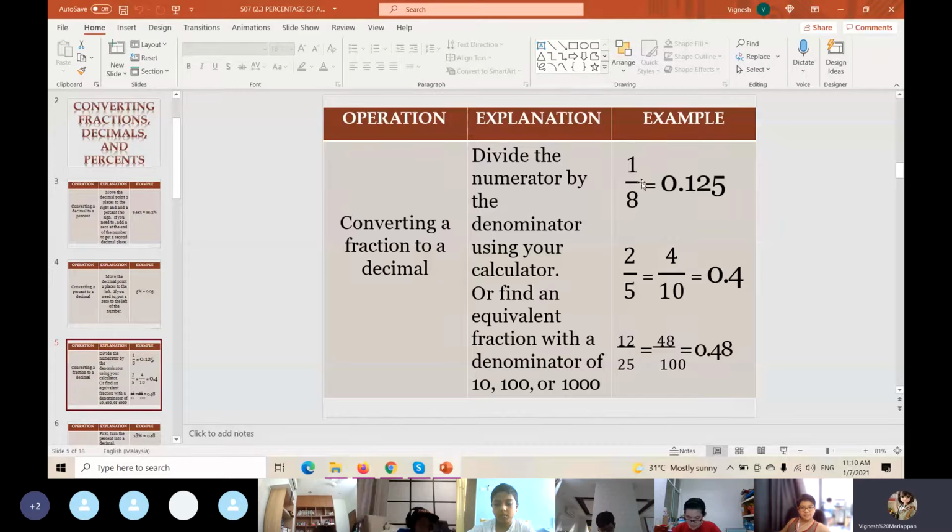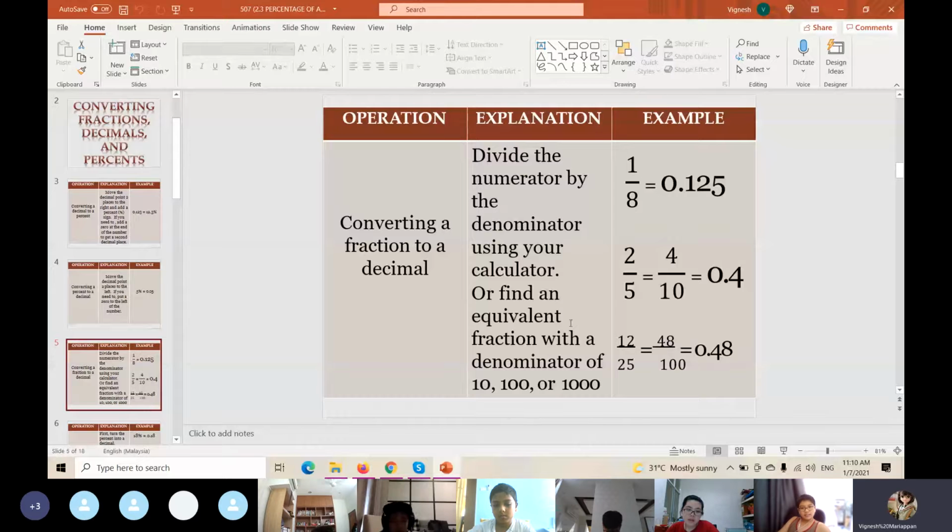You have to divide the numerator by the denominator. You can use your calculator, or if you want to show your working, you can do the working somewhere else too. 1 divided by 8, not 8 divided by 1. Please bear this in mind. When you use the calculator, 1 divided by 8 equals 0.125.